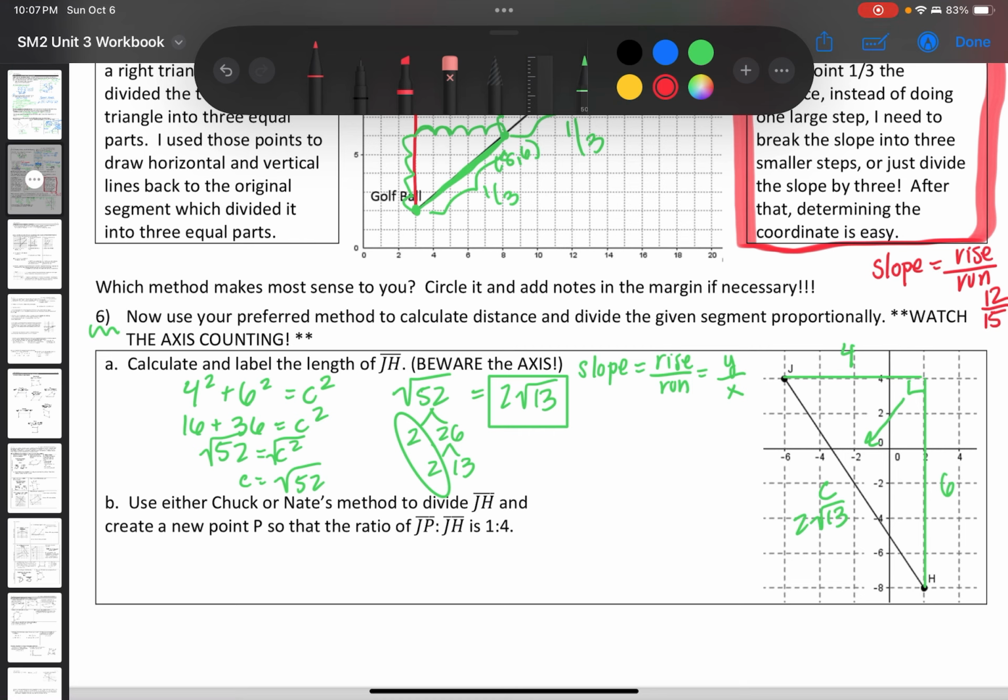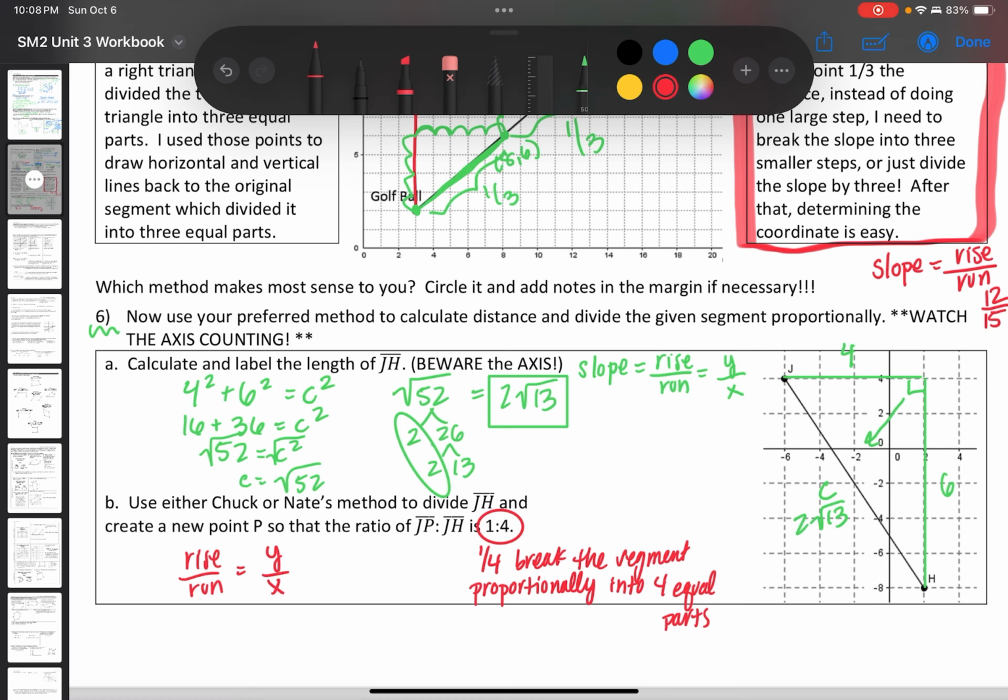That means I need to break the segment proportionally into 4 equal parts. To do that, I need to find the slope. Again, rise over run, so your rise is your y and your run is your x.